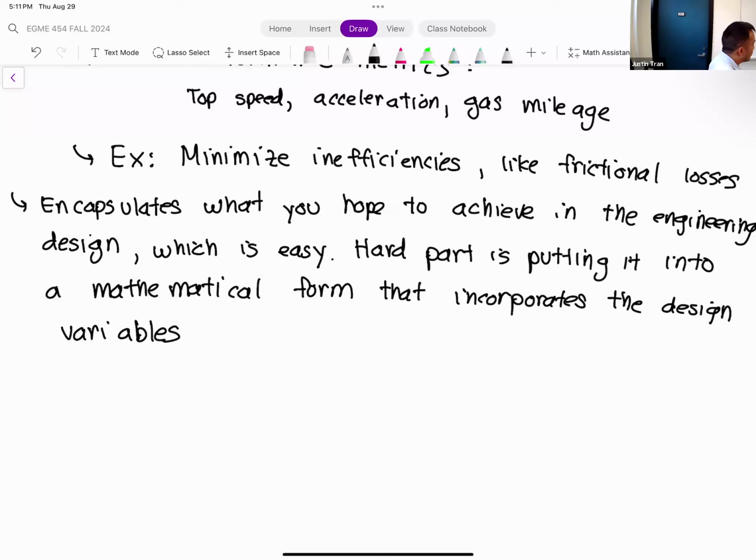Because remember, our formal definition said that our objective function has to be a function of our design. And that can be pretty tough, especially when you have a complicated system, right?